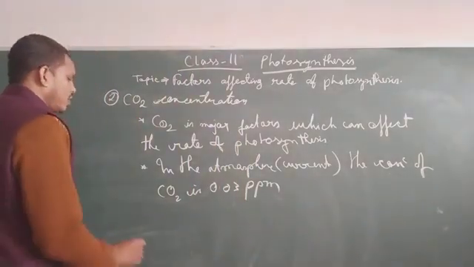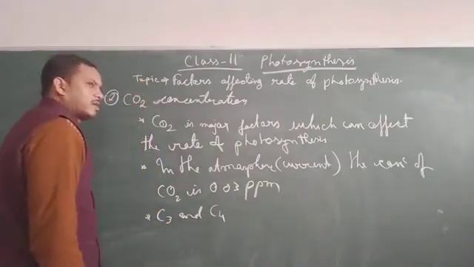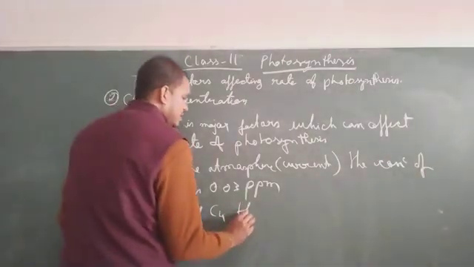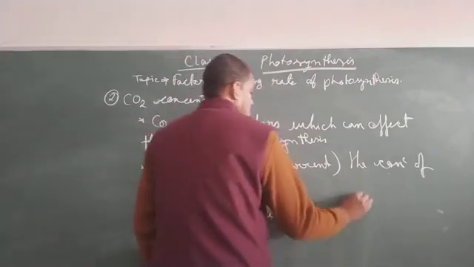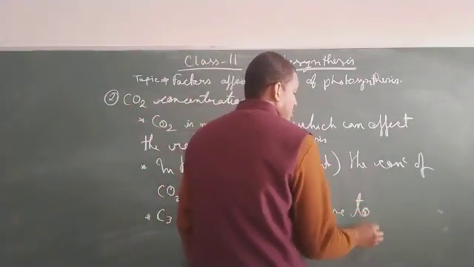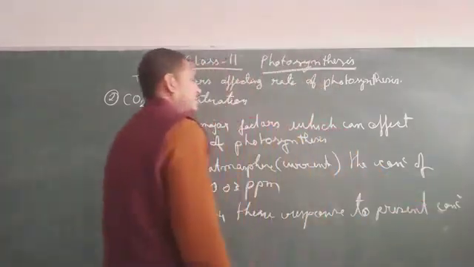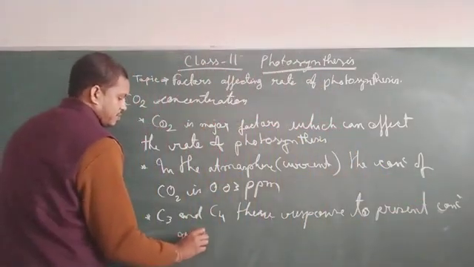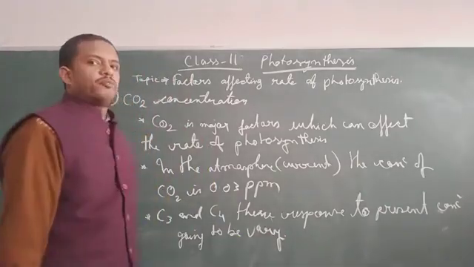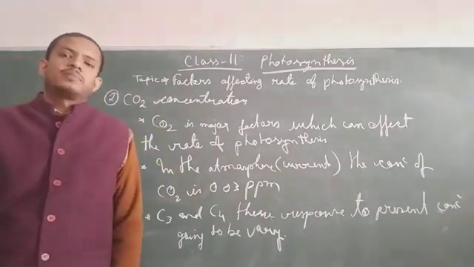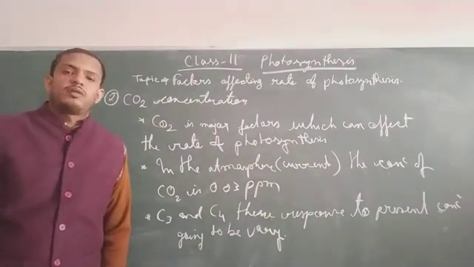And when we talk about C3 plants and C4 plants, their response to the present concentration is going to vary. Means C3 and C4 plants respond differently at different carbon dioxide concentrations. C4 plants are very sensitive to the carbon dioxide concentration.